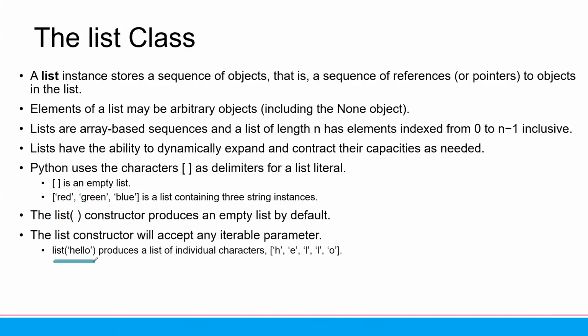For example, we have list of hello. Hello is a string, and there are 5 characters. When we use list, it will produce a list of individual characters: H, E, L, L, O.